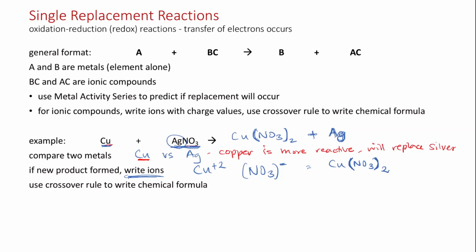This is an example of a new metal that's formed, and this is called a metallic deposit. This is when you have on the product side a metal alone that wasn't there before. You would also want to balance this using coefficients. So I would actually put a 2 here and then need a 2 there. So we're going to do all those steps.